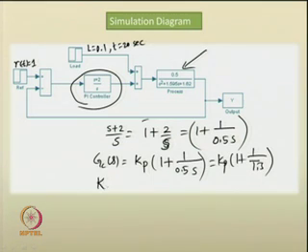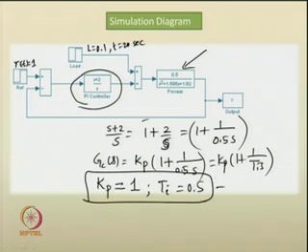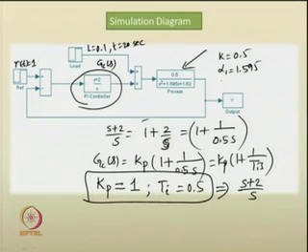So, I can say that I have designed a PI controller where the proportional gain is 1 and the integral time constant equal to 0.5, giving us a PI controller in the form of (s plus 2) by s. This is how we have realized the PI controller Gc(s) for the process having parameters k equal to 0.5, alpha 1 equal to 1.595 and alpha 0 equal to 1.62.